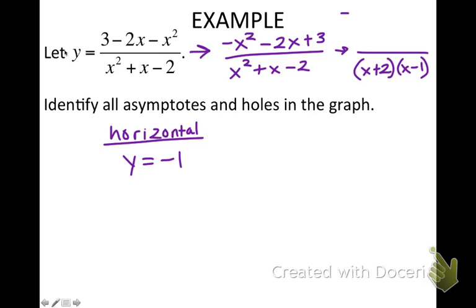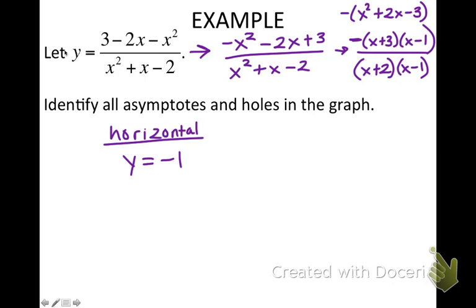So if I take out a negative 1, then it would be x squared plus 2x minus 3. So factors of negative 3 that get you to 2: x plus 3, x minus 1 with this negative out in front. All right, so now I've factored everything.